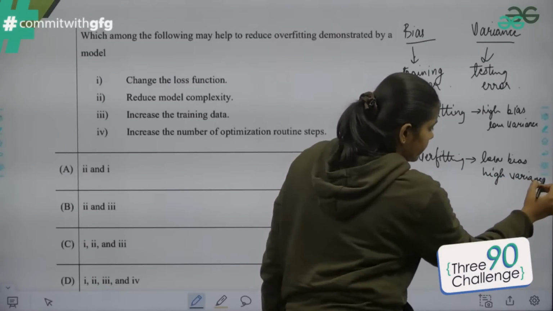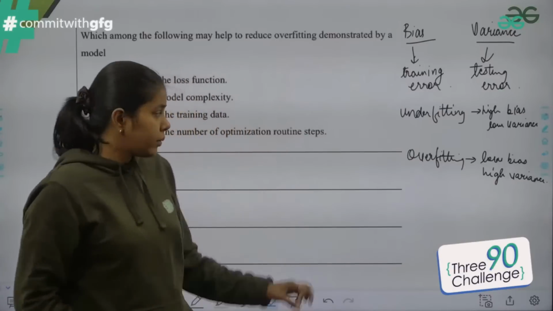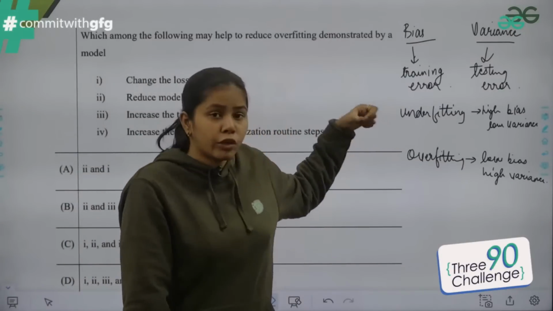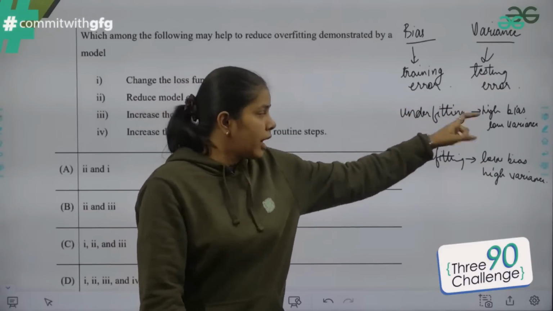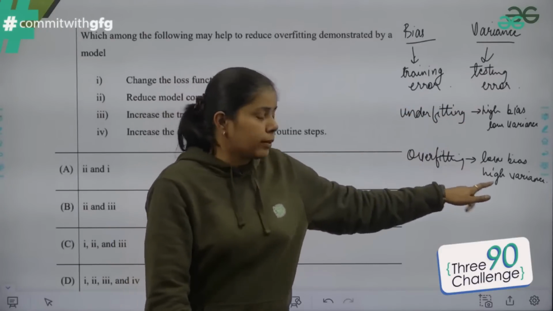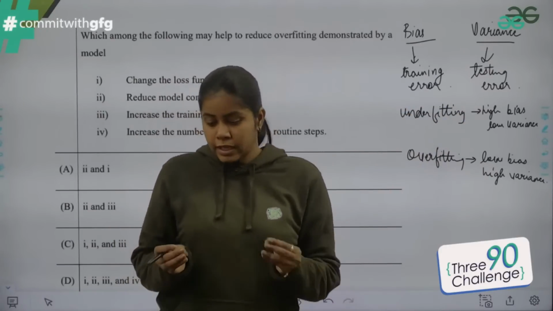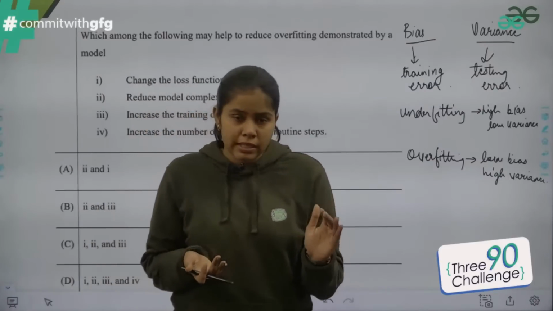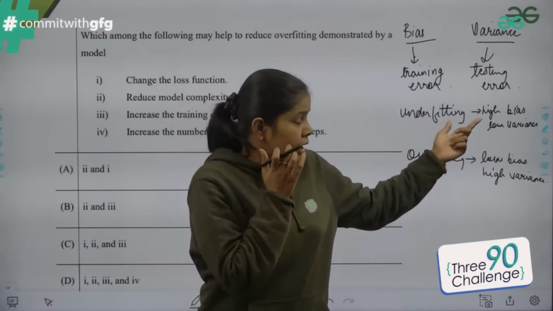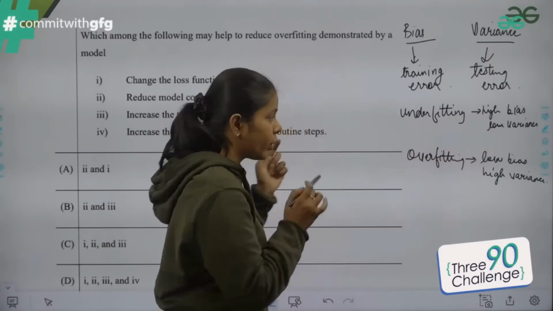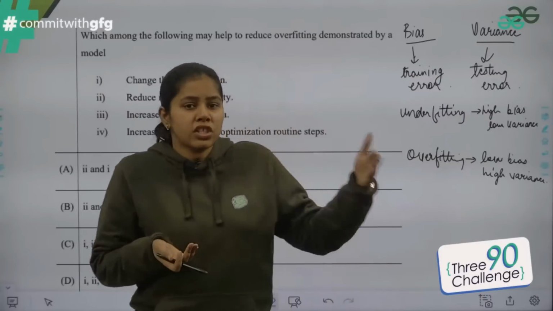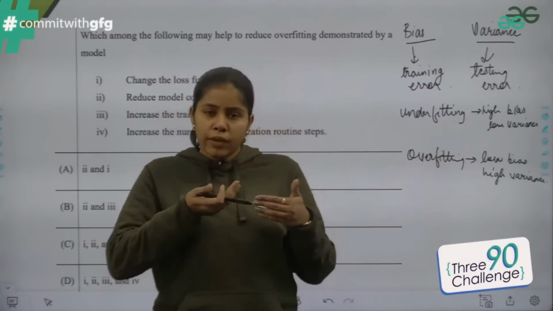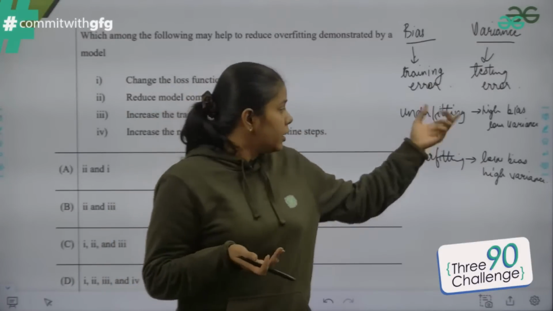Now, the concept you have to understand is that we do not want underfitting, we do not want high bias, and we do not want overfitting, because we do not want high variance. We want the just-right situation, that is low bias, low variance. So we want a generalized model. To reach that stage, we have to reduce the variance and reduce the bias.